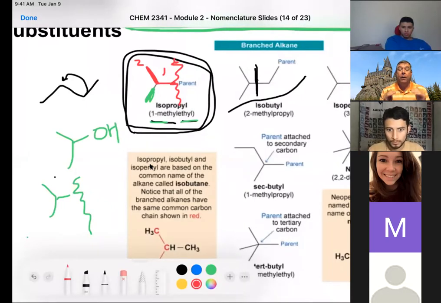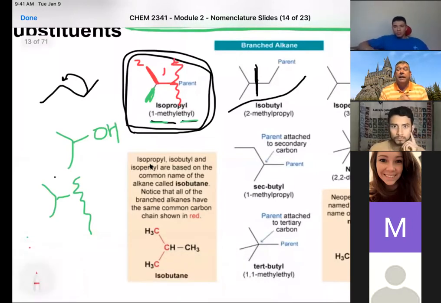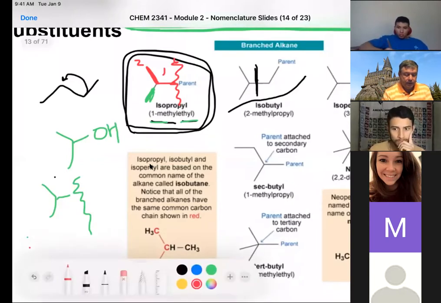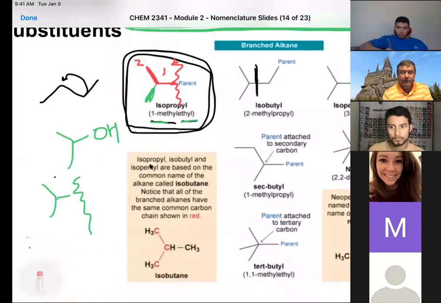However, in shorthand, the names like isopropyl, isobutyl will come up a lot. People will say, oh, this is isobutyl alcohol. It's like, okay, what was isobutyl again? So that's why we want to remember these common substituent names. But yes, the IUPAC name is always right. It's really helpful to have a system for any molecule.